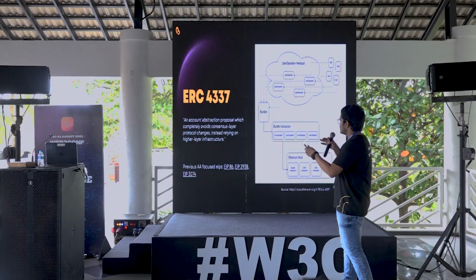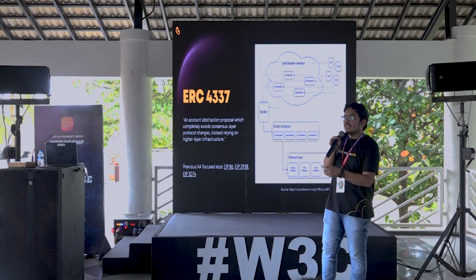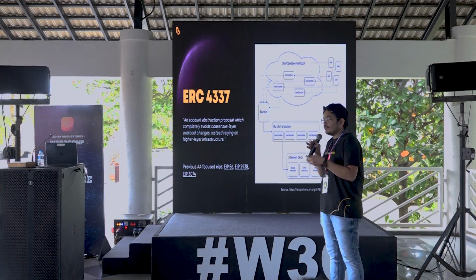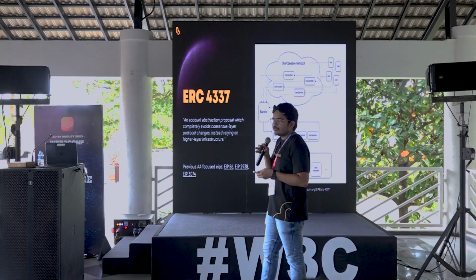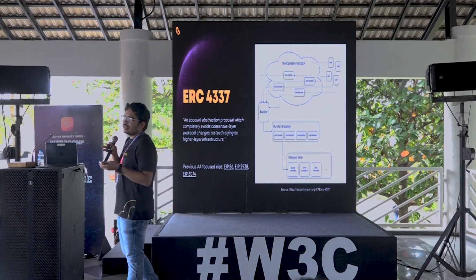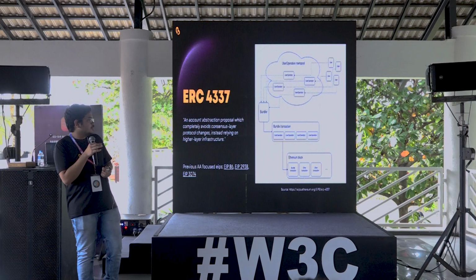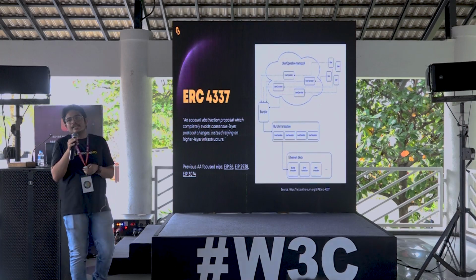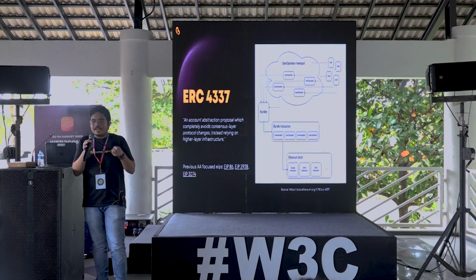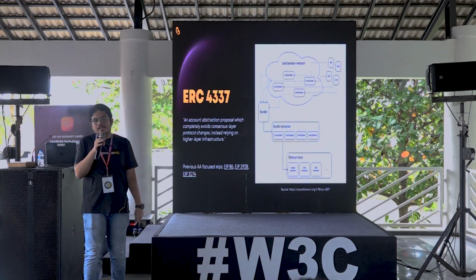But all the previous EIPs focus more on protocol level changes, and there are already lots of efforts in the pipeline by the Ethereum Foundation. One of them is 4844, which is really more important than these EIPs. So we definitely need some EIPs which use higher level infrastructure and do not require protocol changes to implement account abstraction.